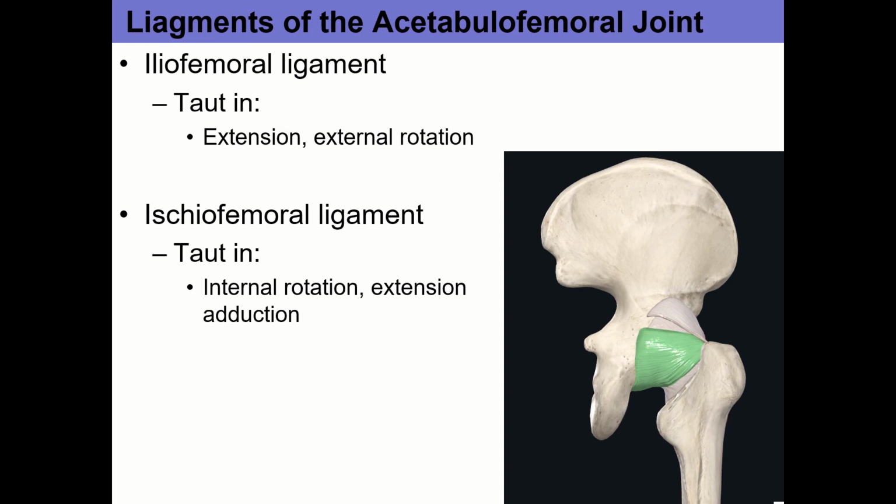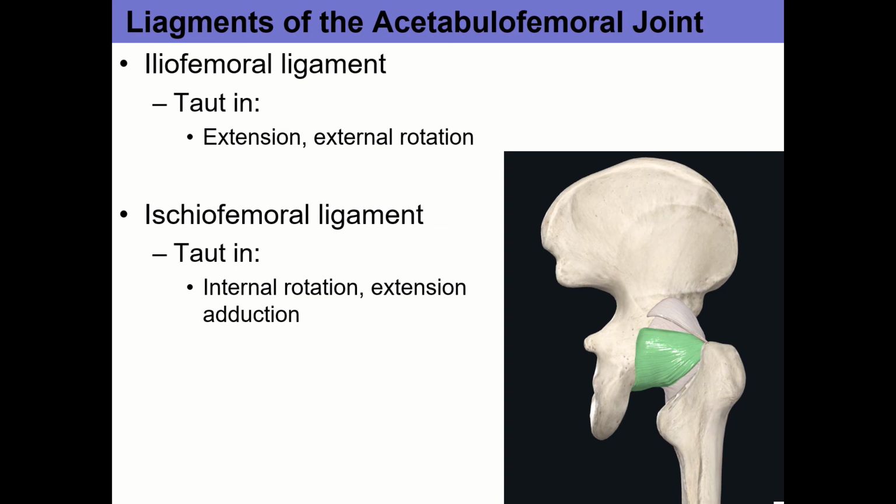In terms of what actions are limited by the ischiofemoral ligament, you can see that they are internal rotation, so taking the front of the femur and rotating it toward the midline, as well as extension and adduction, so bringing the leg close to the midline. So that's the ischiofemoral ligament, again on the posterior aspect of the joint.